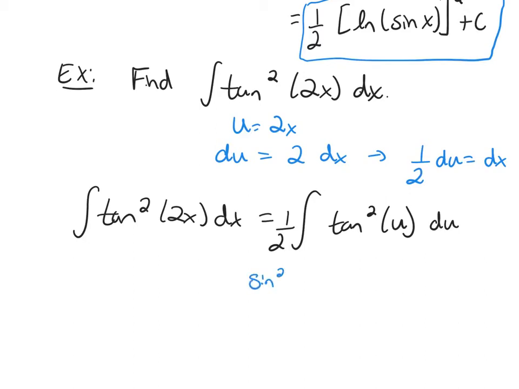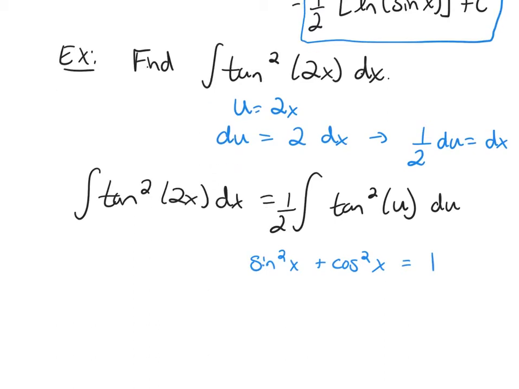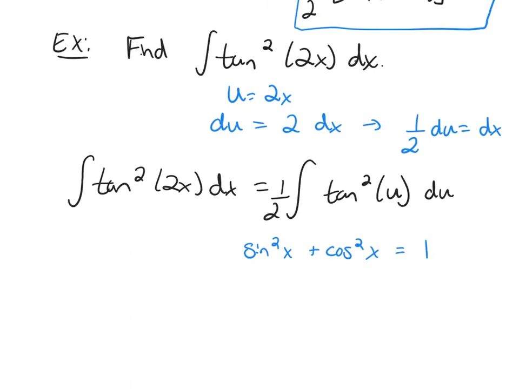So sine squared plus cosine squared is going to be equal to 1. And what I'm going to do is take this equation and divide everything by cosine squared. So sine squared over cosine squared becomes tangent squared.